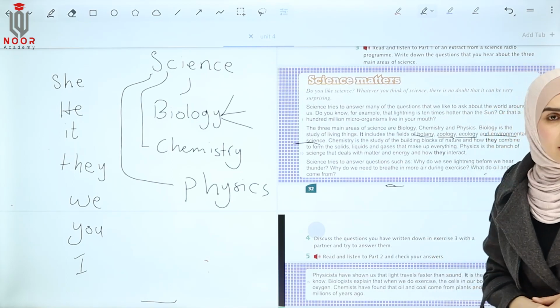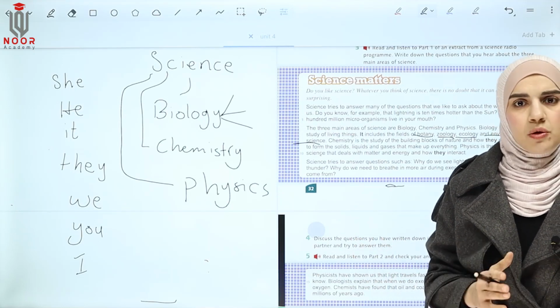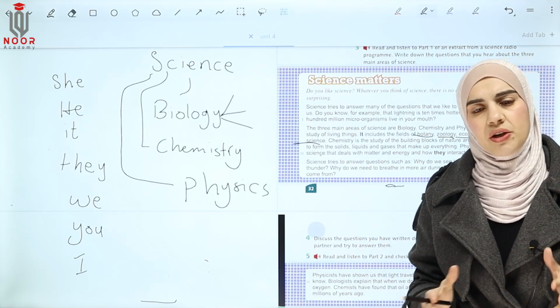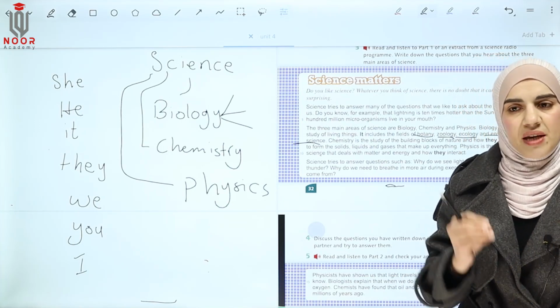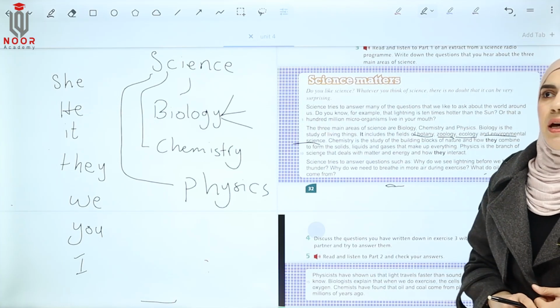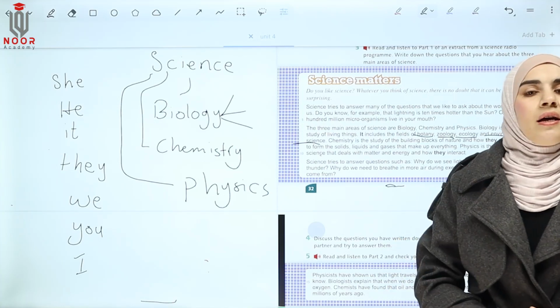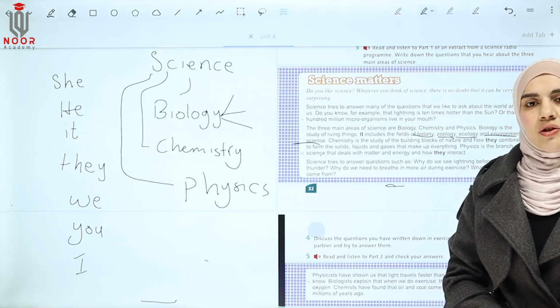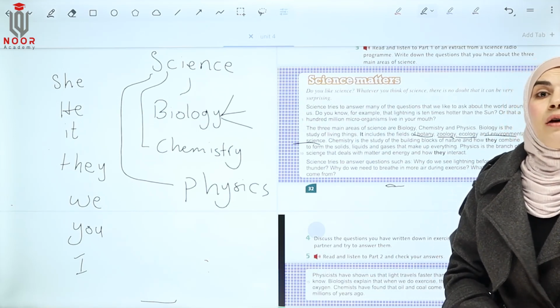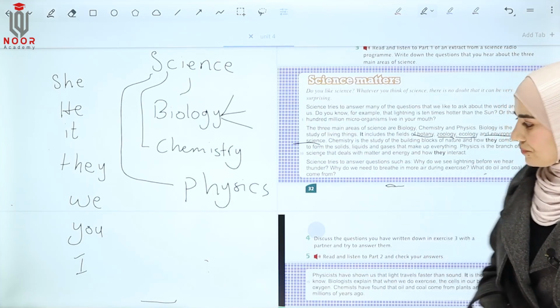It's not a kind of scanning or skimming. Some questions are related to scanning and skimming strategies, but here, because you are preparing yourself to get past the Tawjihi stage, inshallah, you should focus on many details in your context.